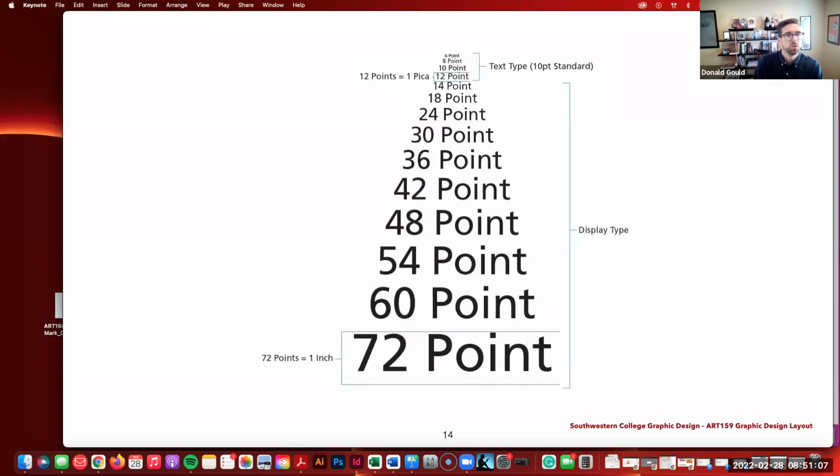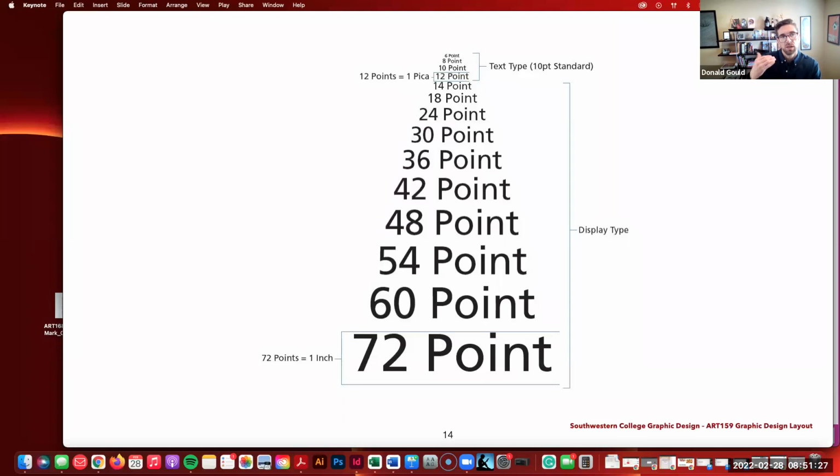But what I do want you to realize is that there are different point sizes that work differently. Typically, when we're thinking about body text or something that's going to have a lot of text inside of it, you're going to be working anywhere between a 6-point typeface to roughly a 12-point typeface, right?